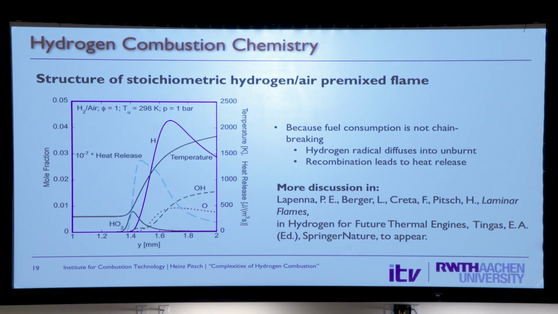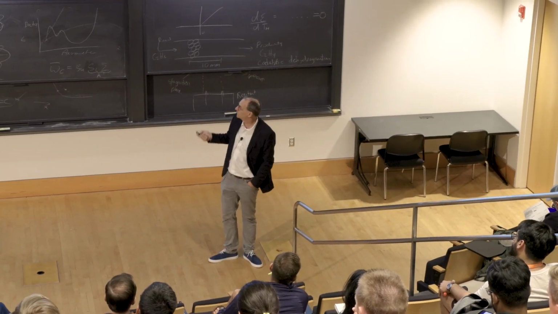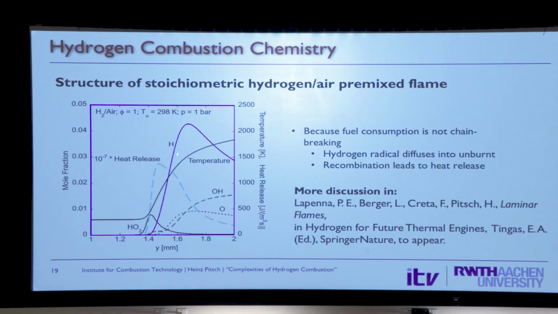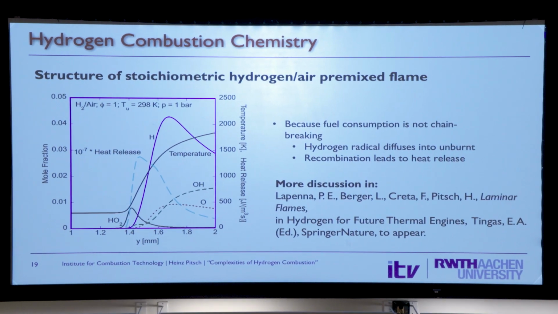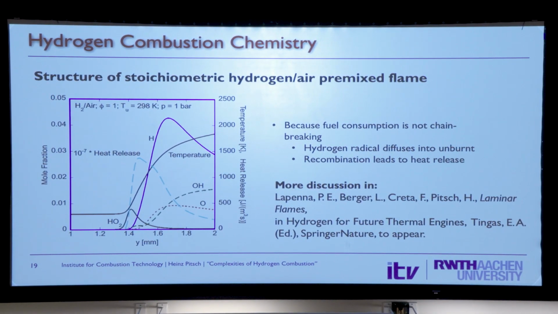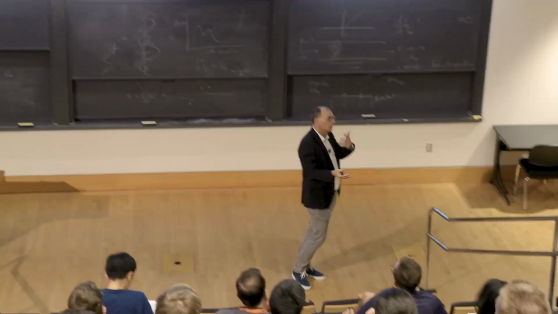So the temperature goes up not only by heat transfer from downstream, it also goes up by H radical diffusing upstream, recombining with O2 to release heat. Isn't that interesting? That's a preheating mechanism that comes from the radicals.